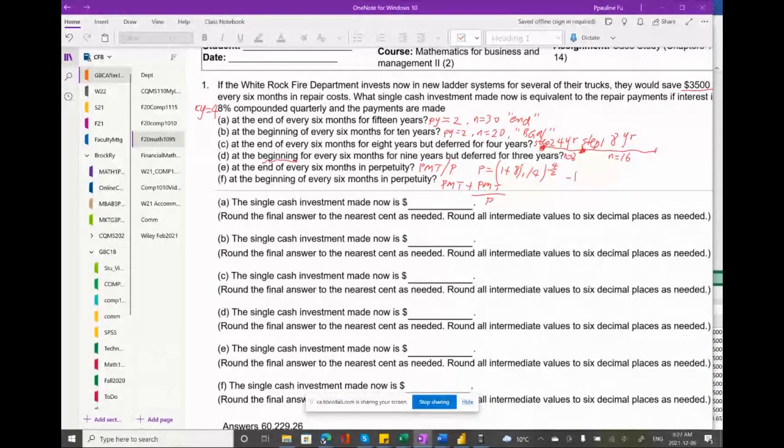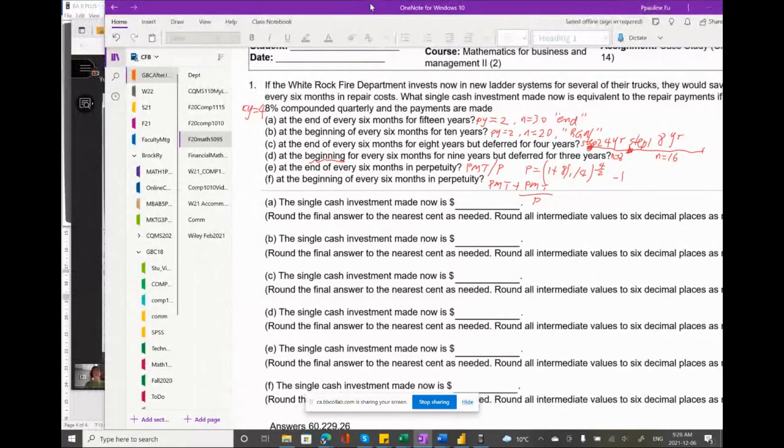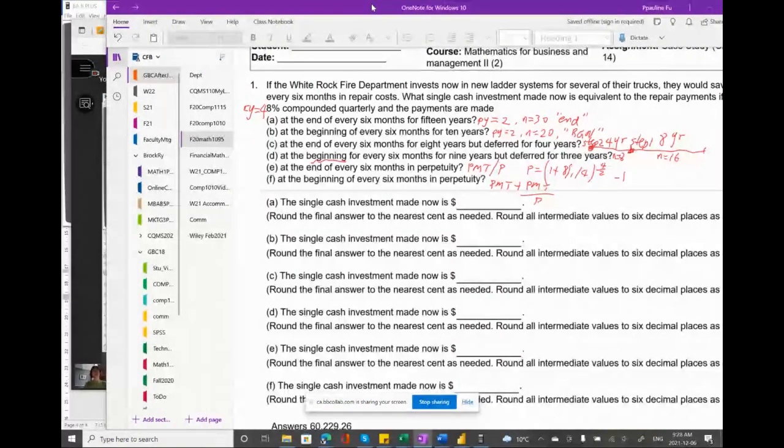quarterly and the payments are made at, there are 6 different situations. Let's do all 6 situations. Situation 1A. If the payments are made at the end of every 6 months for 15 years.